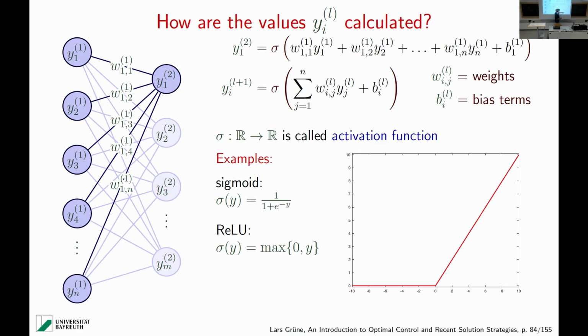And rectified means that we cut it off here and extend it by just 0 to the left, right? And this is what this max thing does. For some reason, no one really bothers about the fact that we have a non-differentiability here, which in theory is kind of disturbing, but in practice, it doesn't seem to make a problem.